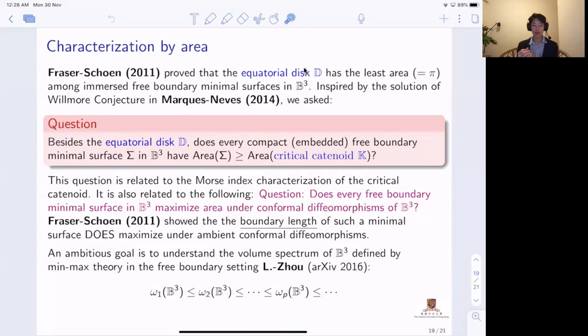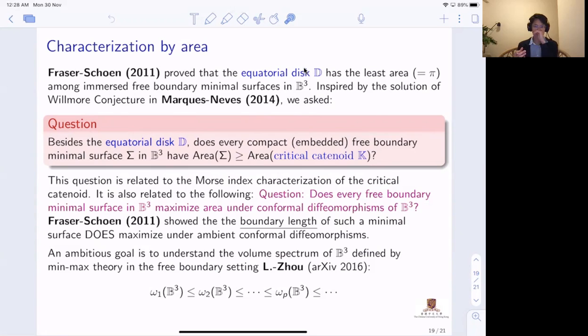Now, we don't know whether the same property holds for free boundary minimal surfaces in the ball. But what Fraser and Schoen showed is that a similar result does hold for the boundary length of the surface. So the boundary length does maximize under ambient conformal diffeomorphisms.